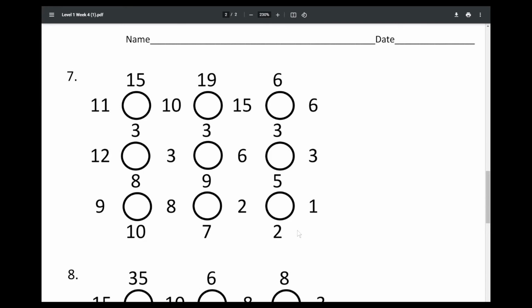Is anybody stuck? We tried the first row. And if we can get that, maybe that can help us figure out the rest of the problem. Thumbs up if you want to do that.